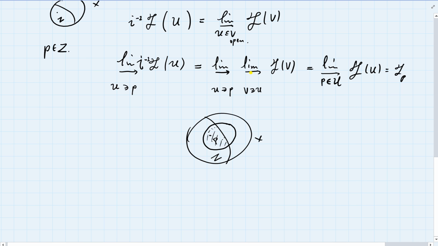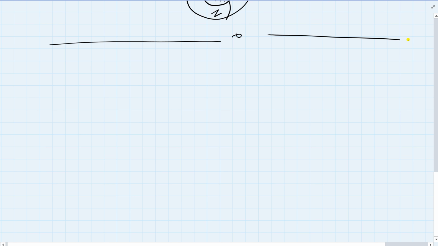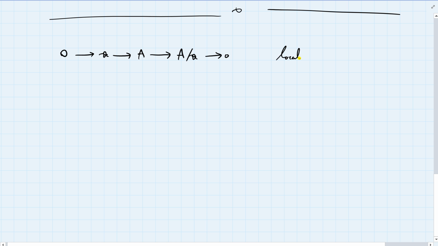So we localize at p, a prime ideal of A, and then we get the exact sequence.